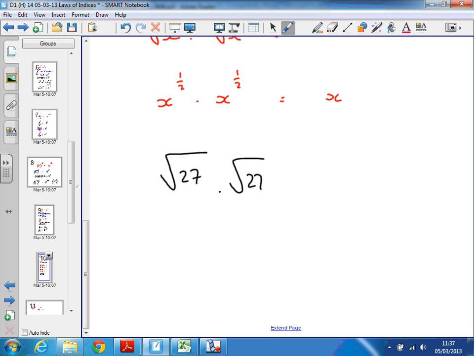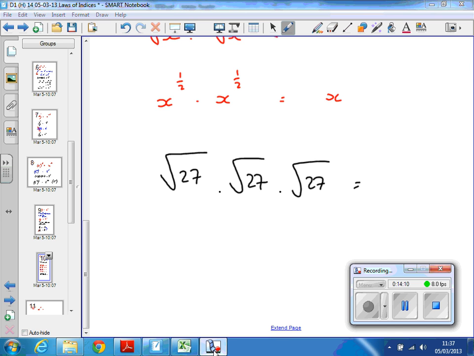Times it by itself again and again. So the cube root of 27 multiplied by the cube root of 27 multiplied by the cube root of 27 is 27. 3 times 3 times 3 is 27.